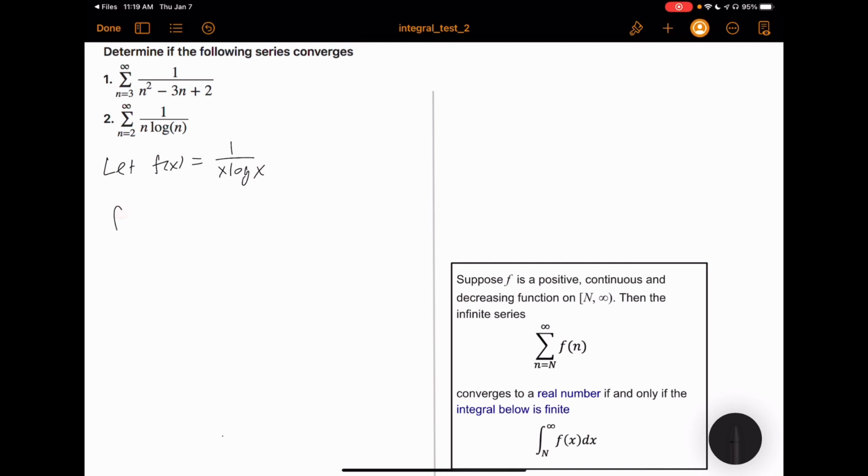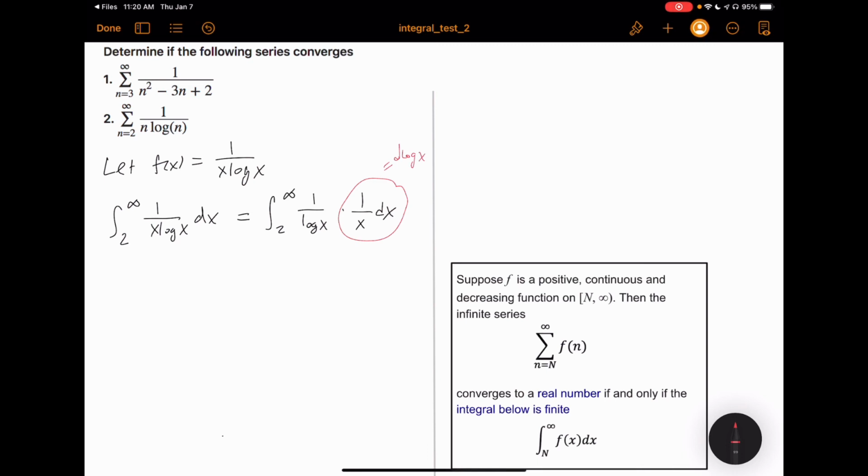So the integral from 2 to infinity of 1 over x log x dx is equal to, let's write this as the integral from 2 to infinity of 1 over log x times 1 over x dx. This item 1 over x dx is equal to d of log x.